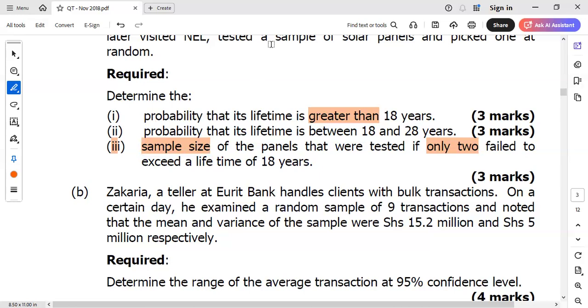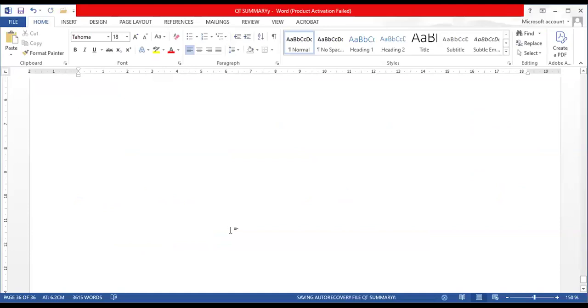First of all, if you were to look for the probability, this is part C. The probability would be of the X that you see the language that failed, the two failed to exceed. Which inequality do you put? X is what?